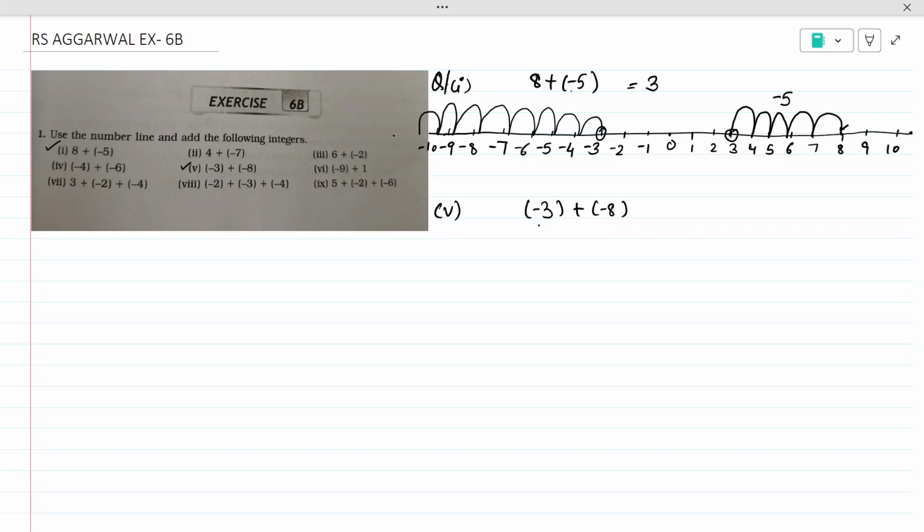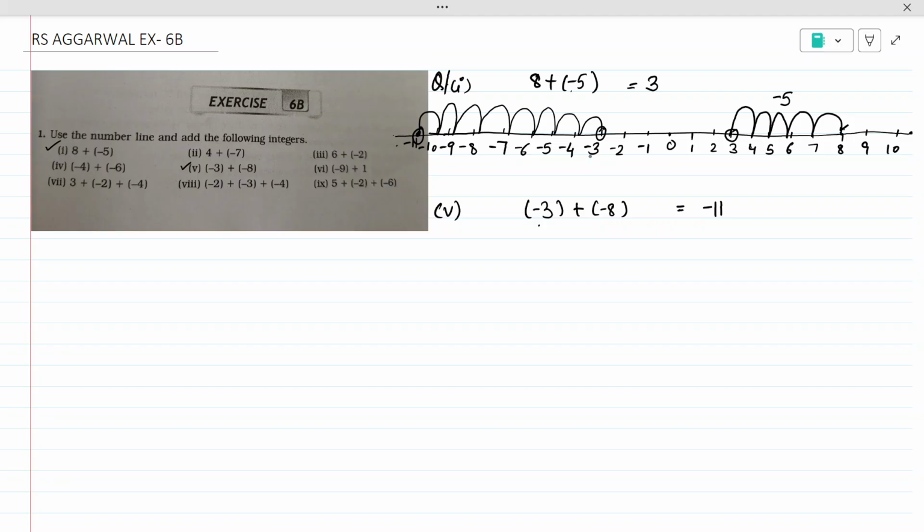So here it will be, I'm extending this line, minus 11. So after taking the 8 steps in the opposite direction, in the backward direction, we are reaching minus 11. So this is our answer. Okay. Similarly, we have to do the other given questions also.